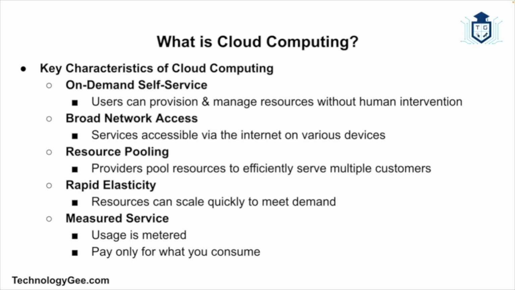There's broad network access. So services are accessible via the internet on various devices. It offers resource pooling. So cloud providers can pool computing resources to serve multiple customers efficiently. There's this concept called rapid elasticity. This is where resources can scale quickly to match demand. And then they offer measured services. So usage is metered and customers only pay for what they consume.